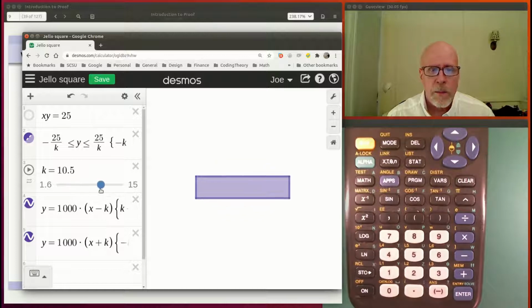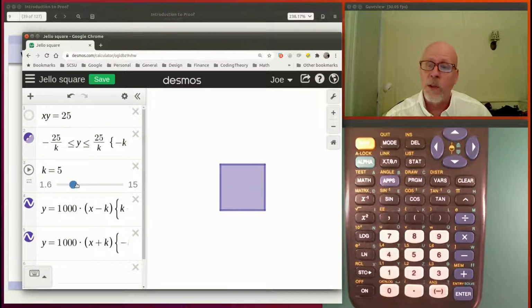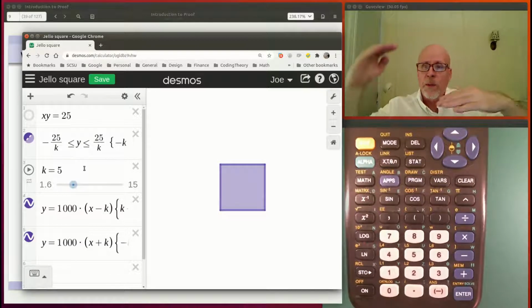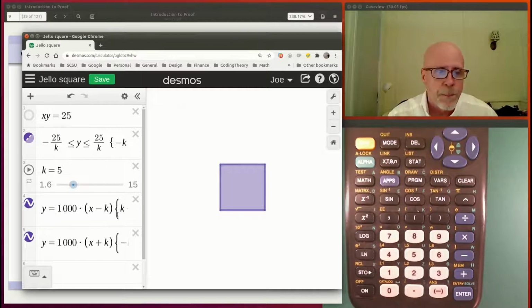The big width and the relatively small height are sort of bookends for the side length of the square. One is smaller than the side length of the square, the other is bigger. You can see as I move the slider down towards the square region, the height is growing and the width is decreasing. So you've got two numbers, one bigger and one smaller, and they're just approaching a single number in between.